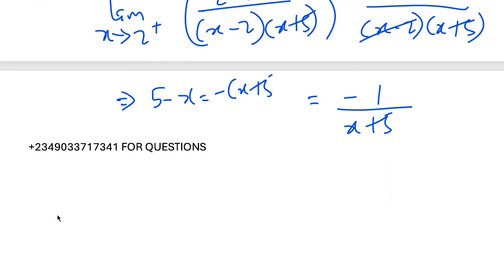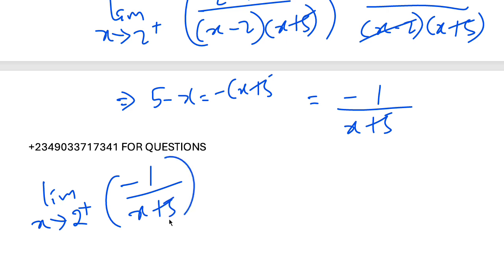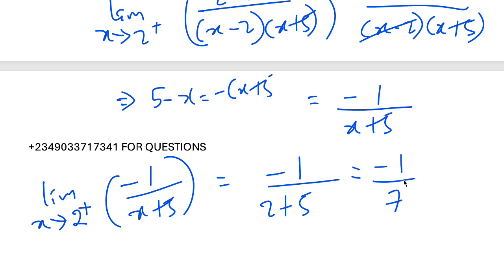So the limit can be rewritten as the limit as x tends to 2 from the right of negative 1 over x plus 5, which equals negative 1 over 2 plus 5, substituting 2 for x, which is negative 1 over 7. So that's the limit as the function tends to 2 from the right.